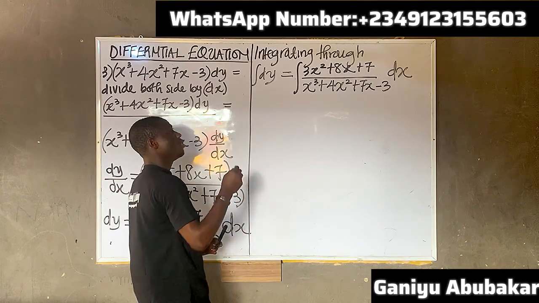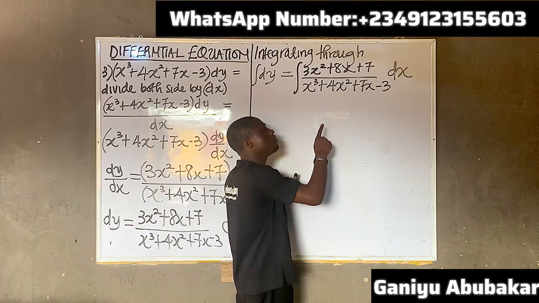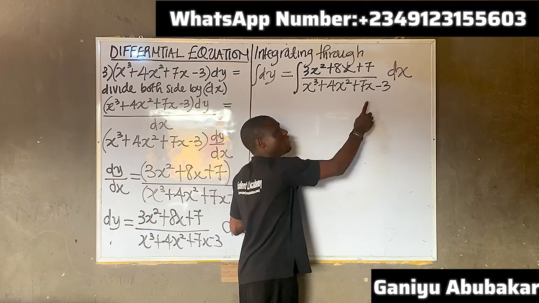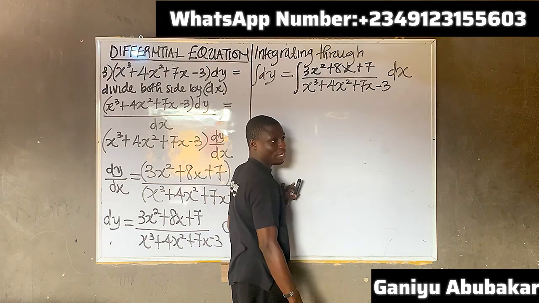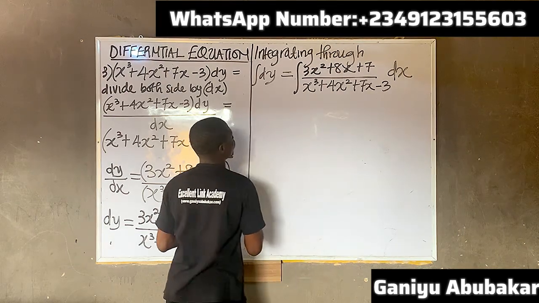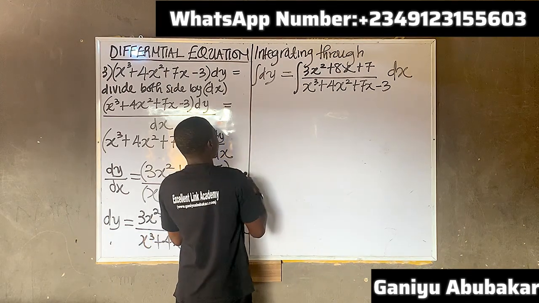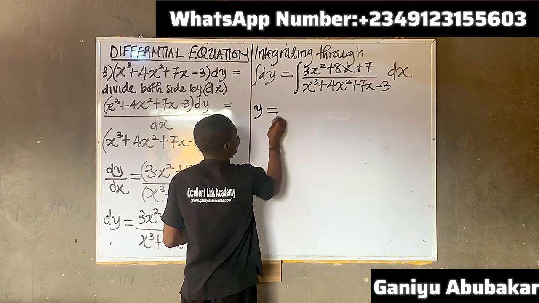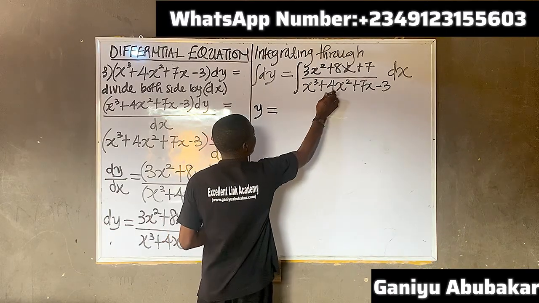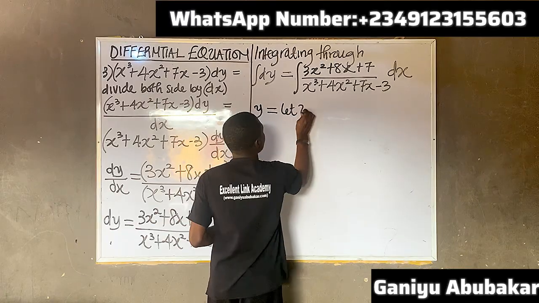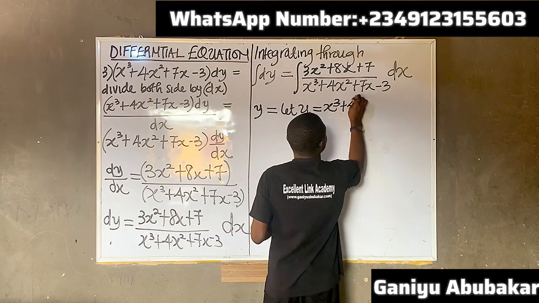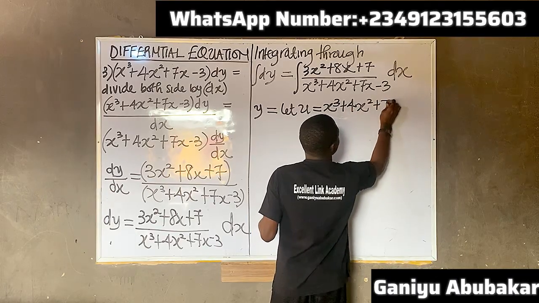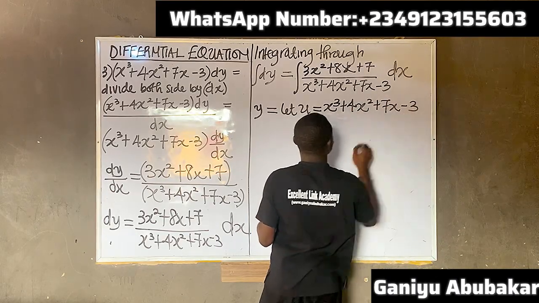Do you know why? Observe that whenever you differentiate the denominator and it gives you the numerator, please apply the substitution method to save time. So if I integrate, y equals, to solve this, I'll say let u be equal to x cubed plus 4x squared plus 7x minus 3.